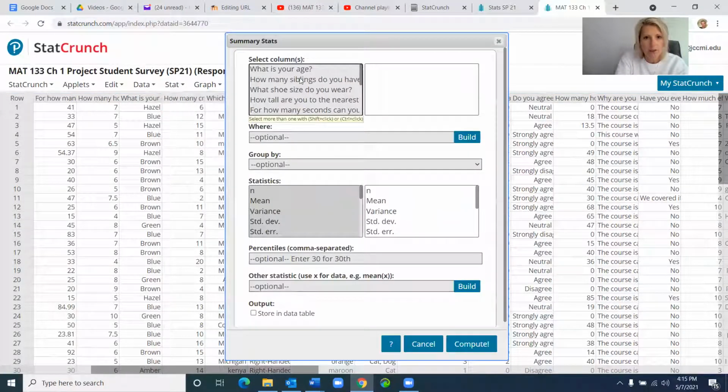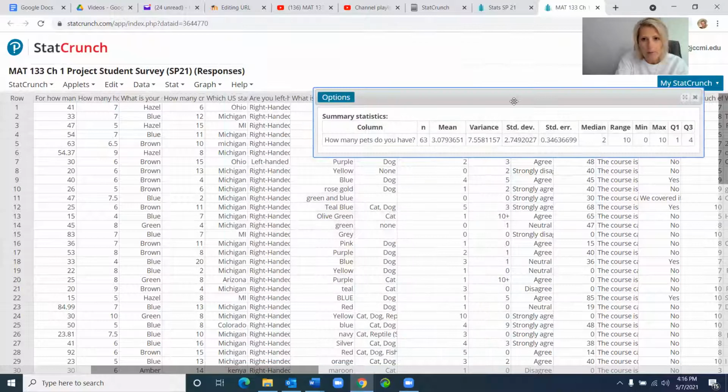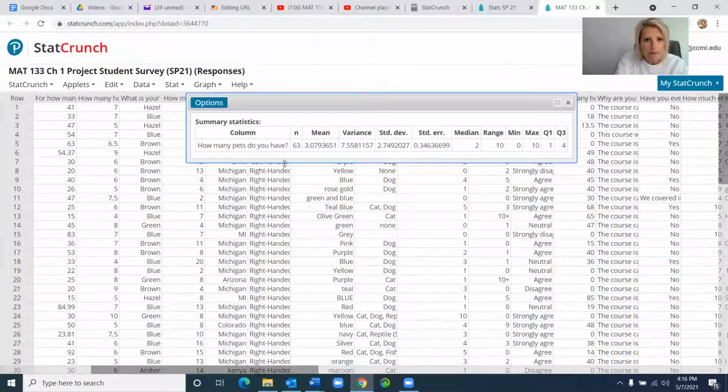And then it's going to let you choose here which one you want. So you're going to scroll down until you get to how many pets do you have. And when you click on it, it should go into the right-hand box. Now, we are not going to use the grouping by or anything. And we're just going to let it calculate the statistics over here that are listed right here in the white. And hit compute. And you should get this.